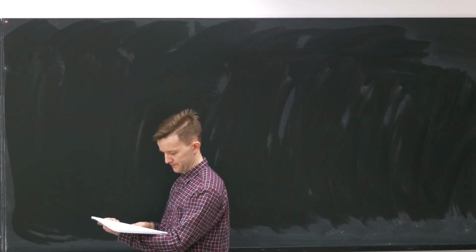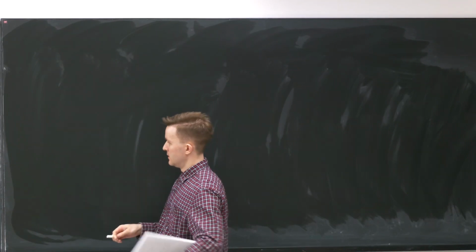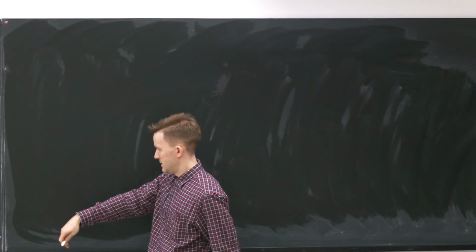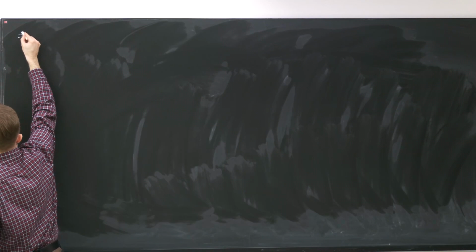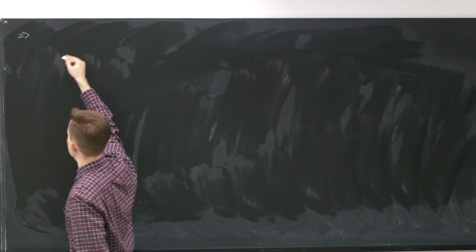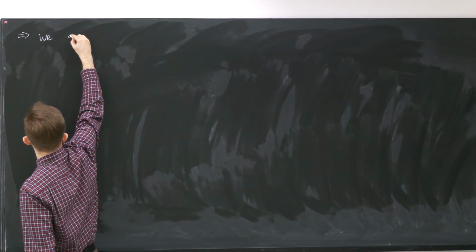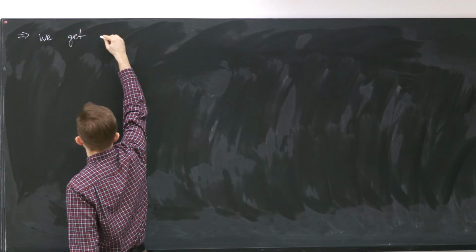This means that we already have n plus 1 linearly independent sections of this vector bundle. x0, ..., xn all give me sections, so we get the following morphism of vector bundles.